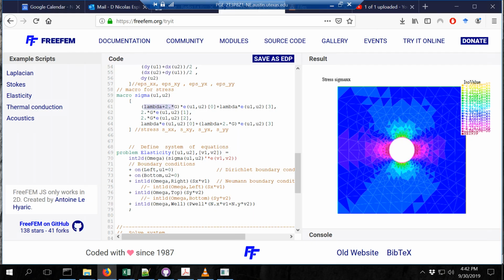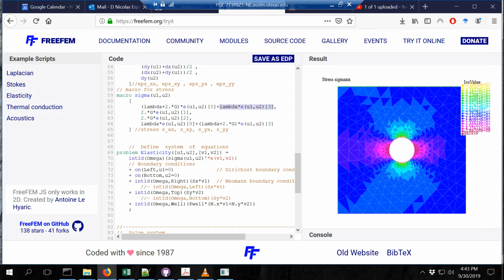How do you see that this is epsilon 11? Because it is the first element of the vector of the strains. That's epsilon 11. This index 0 means the first element.